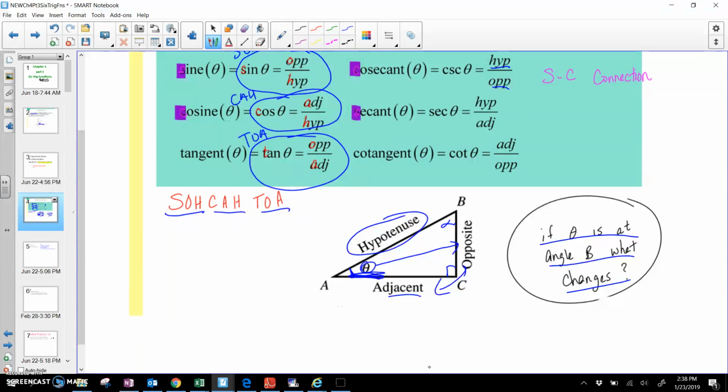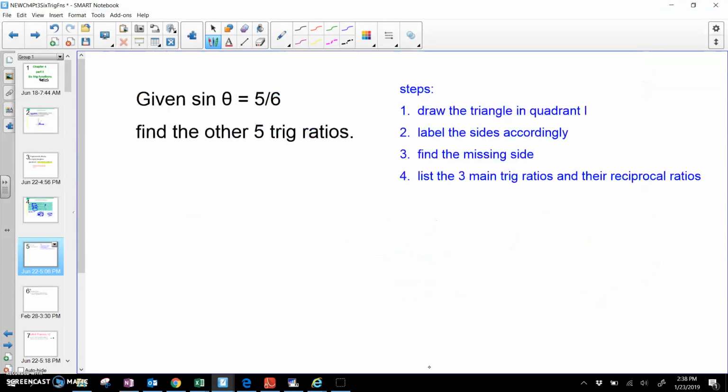Okay, so let's look at some examples of the type of stuff we're going to do today. So here's our first one. If I give you that sine of theta equals 5 over 6, we need to find the other 5 trig ratios. And remember, right now we're talking about angles in standard position, which means it's in the first quadrant. What that means is I'm going to start by drawing a triangle in quadrant 1. This is the theta that sine of theta is referring to.